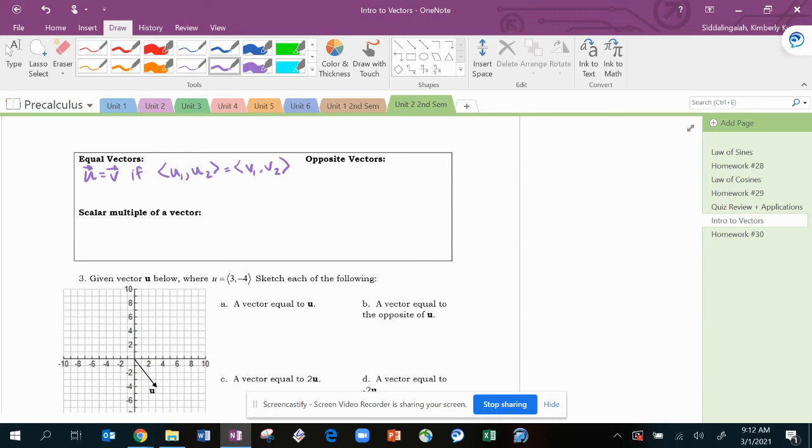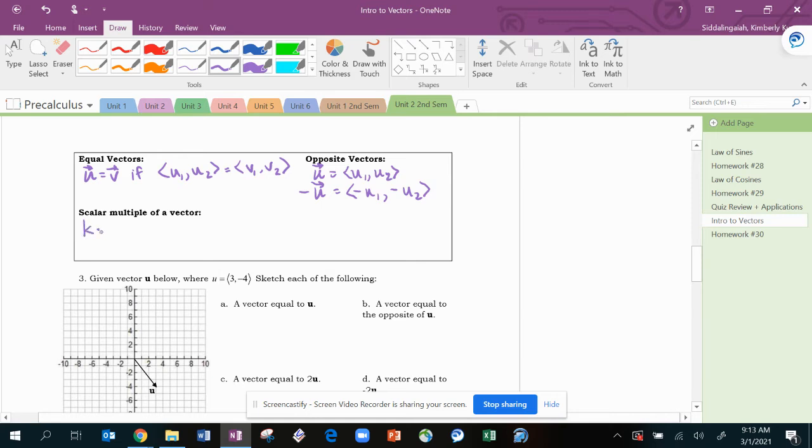Opposite vectors, well, if we have a vector u, where u equals u1, u2, then the opposite of u is going to be negative u1, negative u2. And then scalar multiple is actually going to feel a lot like what I just did.